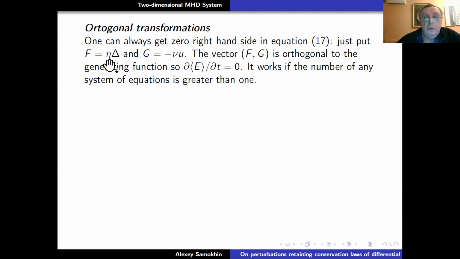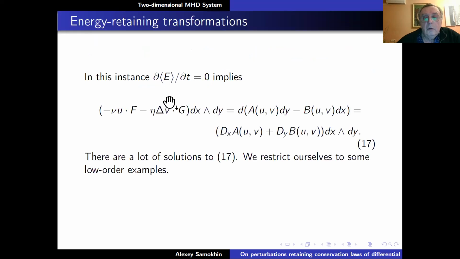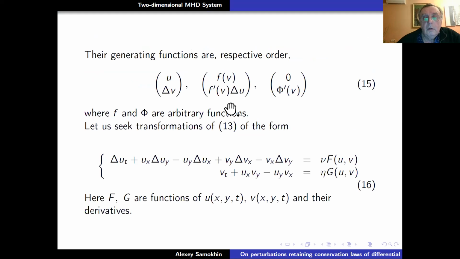We can simply put F equals eta delta and J as nu U. I remind, this is the generating functions for energy.